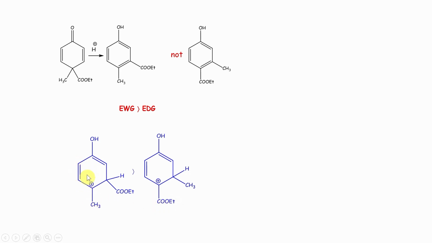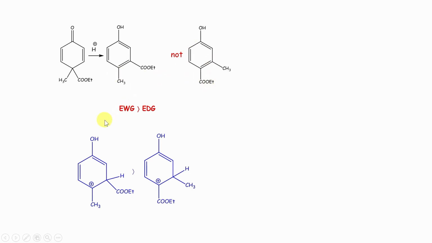The carbocation attached with the electron donating group is more stable than the carbocation attached with the electron withdrawing group. Thus, only the electron withdrawing group gets shifted, and hence we get this product, not this product.